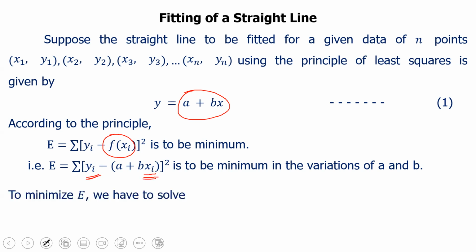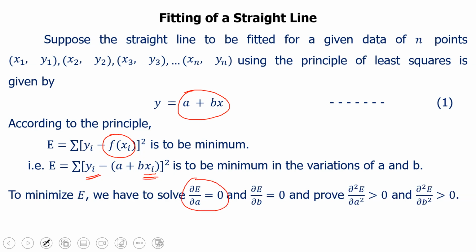Now to minimize E, we have to solve the partial derivative of E with respect to a, and the partial derivative of E with respect to b, and we equate both to 0. Then we are able to get the values of a and b. And then we have to check that the second derivative is greater than 0 if we want to find the minima.